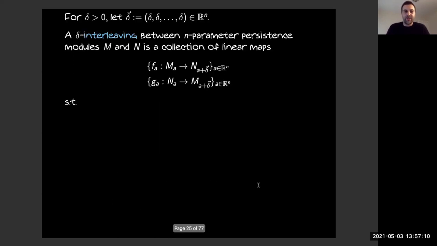Neat. Those are interleavings. Now, if we want to generalize this, it's hard to draw the whole picture at once because there are too many arrows, but you can define this in the same way for n-parameter persistence modules. For delta greater than or equal to 0, a delta interleaving between n-parameter persistence modules is just a linear map with domain one of these vector spaces in either module, for every vector space.